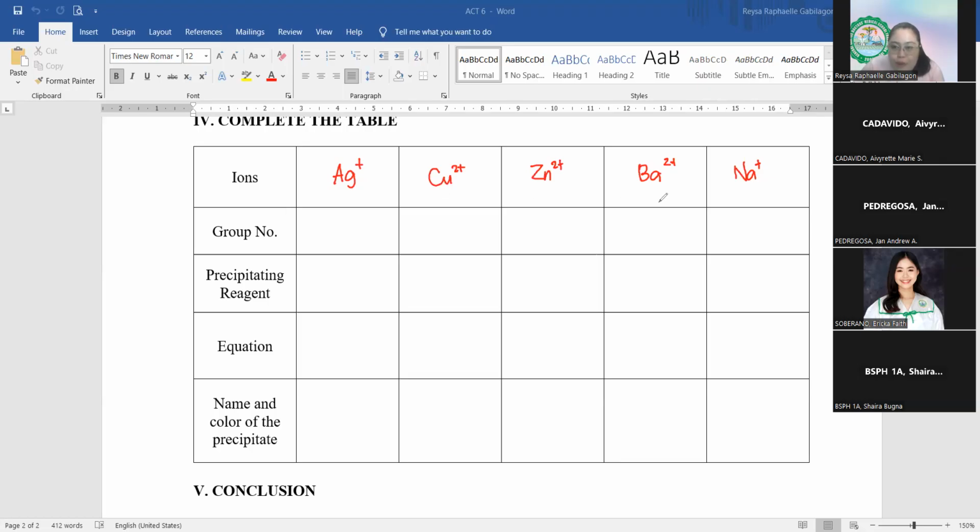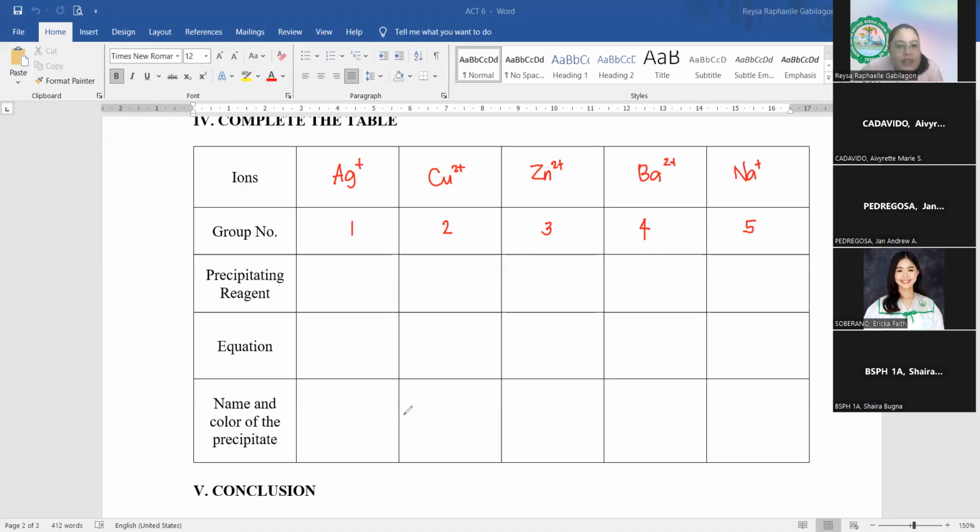So, yung pagpasunod dito, pasunod lang din ang group number ha. So, hindi ito nakabase sa periodic table. Nakadepende ito sa kung nag-precipitate sila sa reagents or wala. So, first thing, we have here the silver. Unahin muna natin si silver ha, and then we will move on to the other ions later.